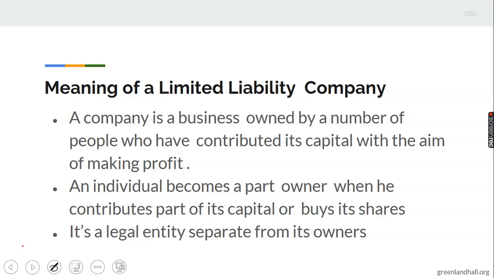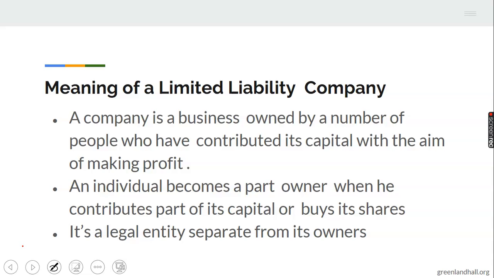And here, when we say a company, it is a form of business that is established or formed by a group of individuals who have contributed its capital with the aim of making profit. That is, their focus is to be able to make profit at the end of the day.